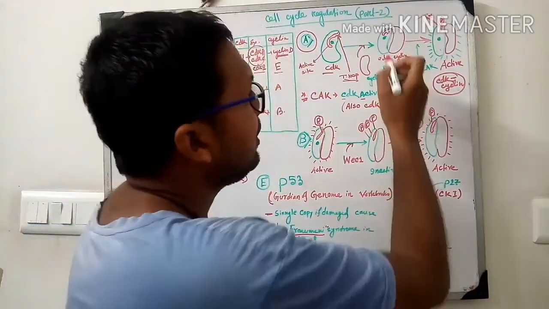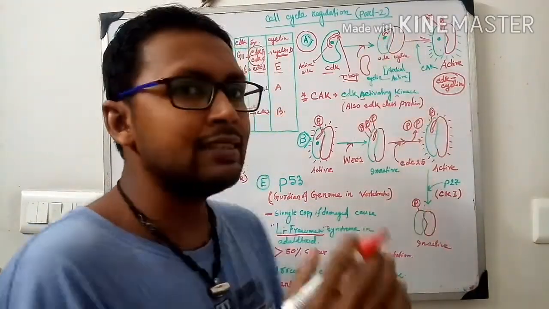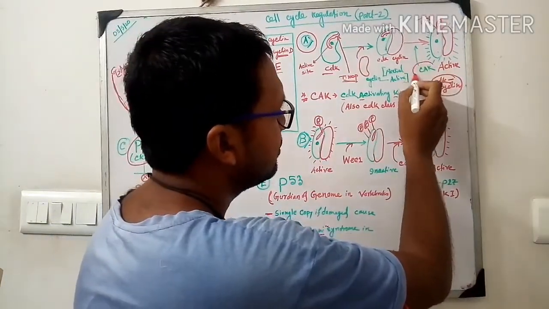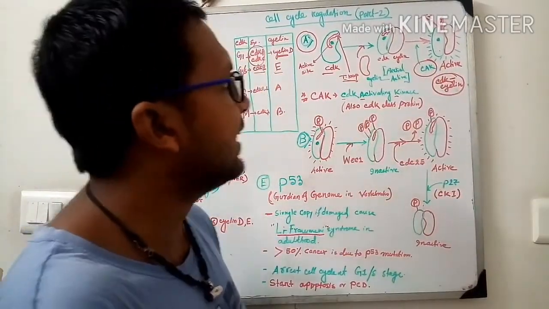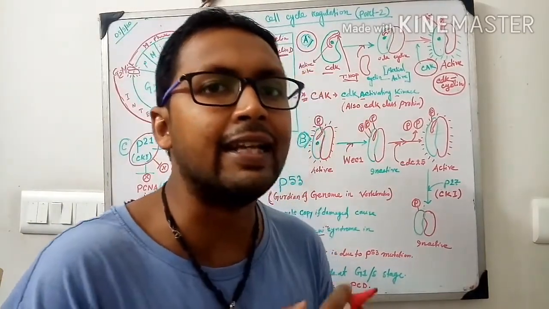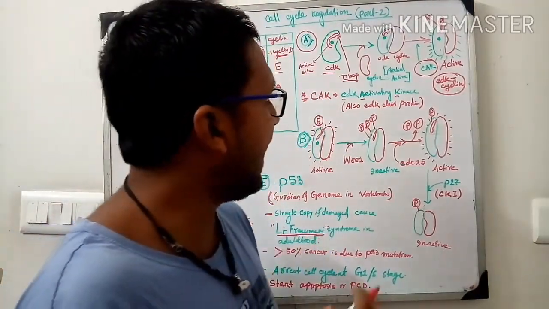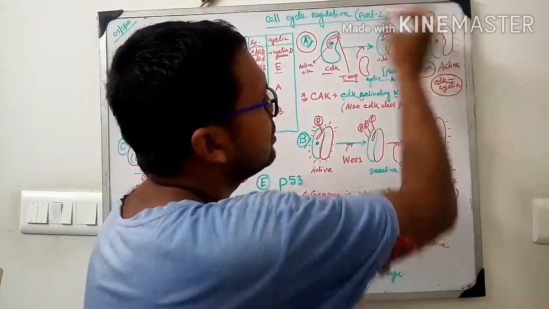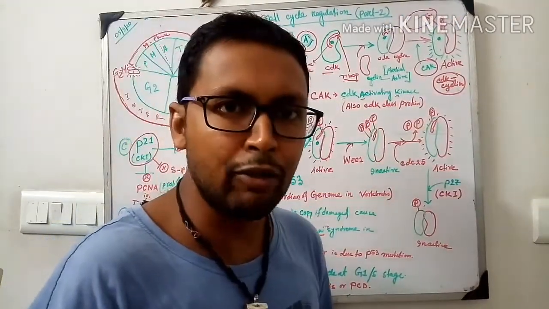So its active site is partially exposed, and in a second stage another partner of CDK, the CDK activating kinase (CAK), phosphorylates the threonine amino acid.